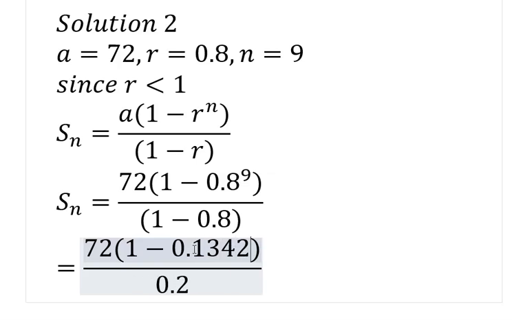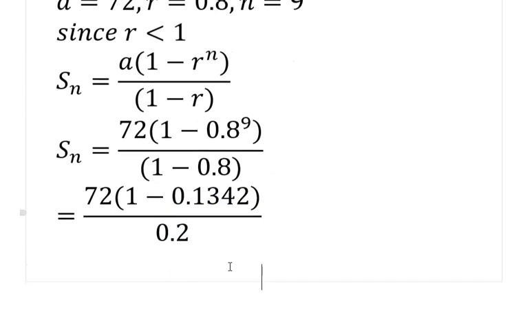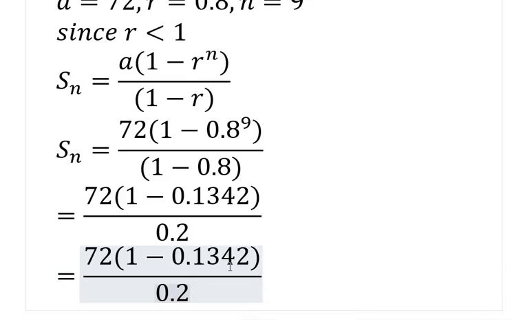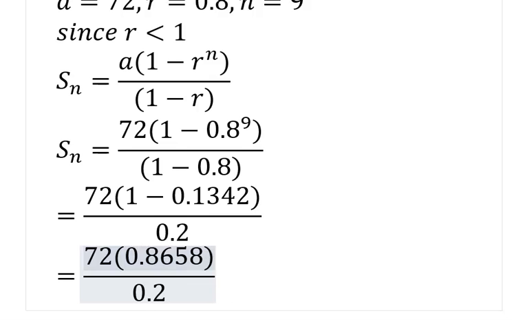Beautiful. If you now say 1 minus 0.1342, you have 0.8658. Beautiful.